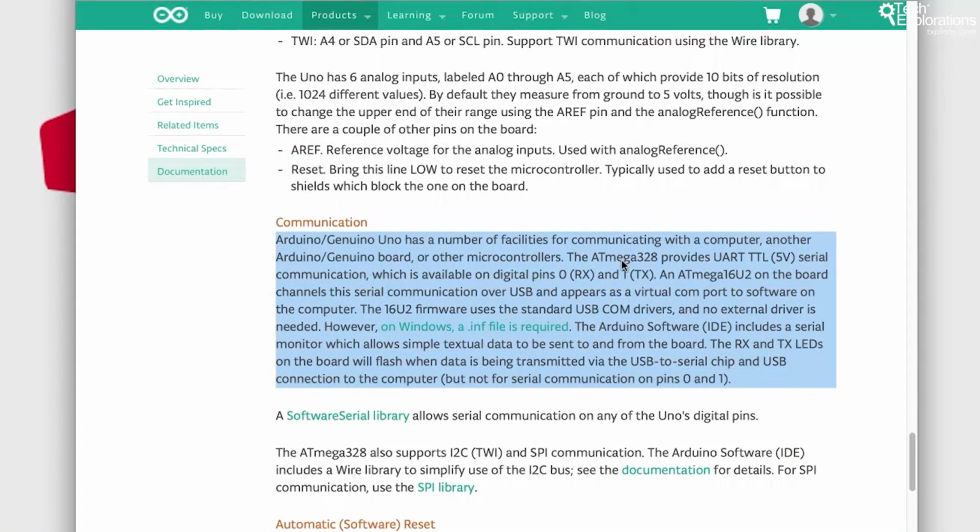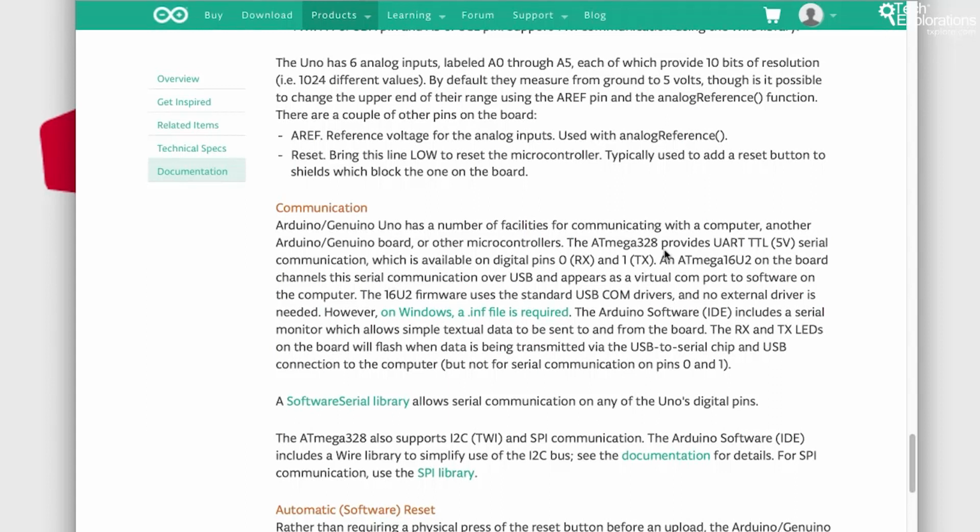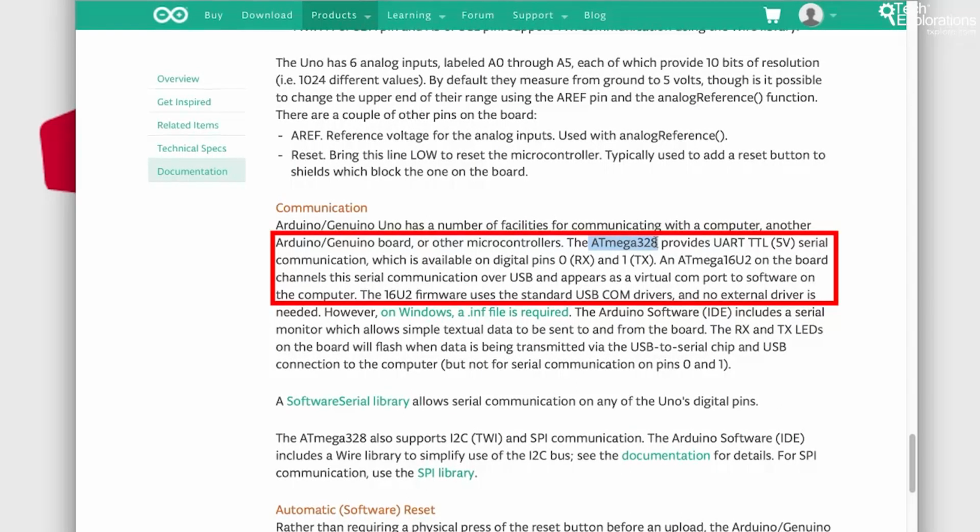Having a quick read through the communications paragraph, we learn that the Atmega 328 provides UART TTL 5 volts, which is a serial communication protocol, which is attached to digital pins 0 and 1.